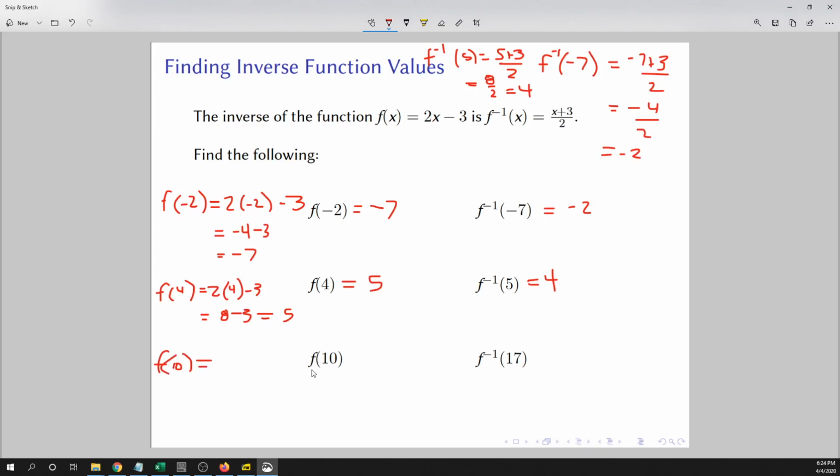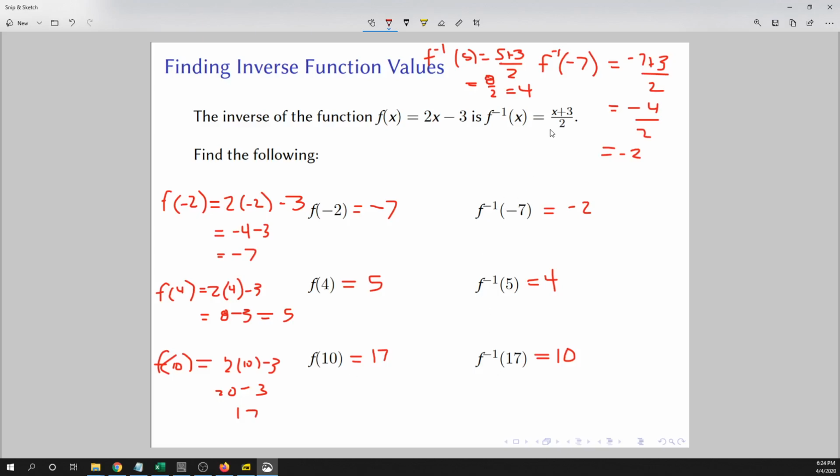F of 10, if I plug a 10 in here, I get 2 times 10, which is 20. 20 minus 3 is 17. All right, so I get 17. Now they want us to calculate f inverse of 17. Again, we know that what I said is true, that's going to come out to be 10, because of this fact over here and the fact that they're inverses of each other.